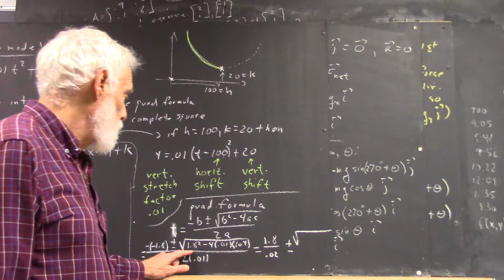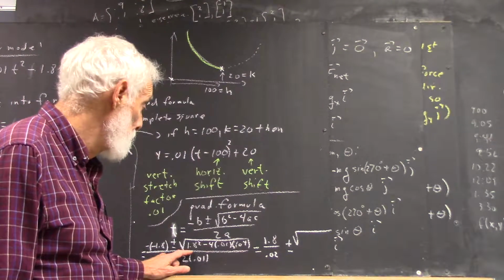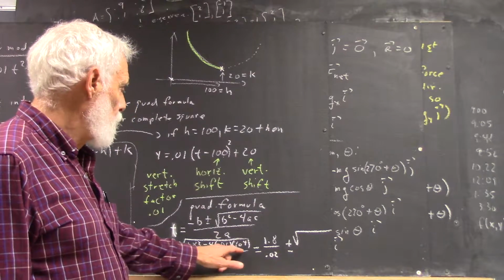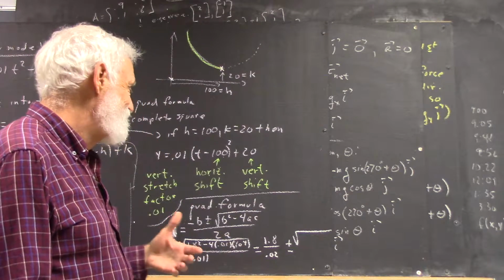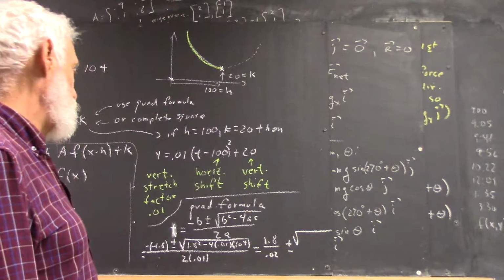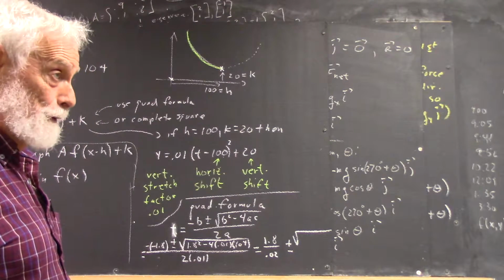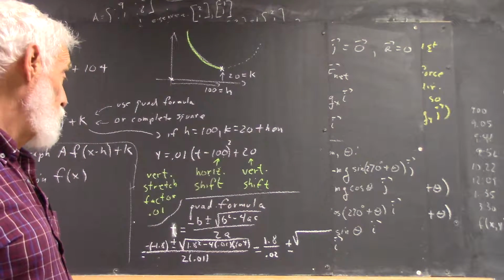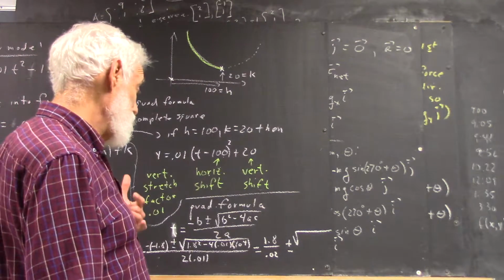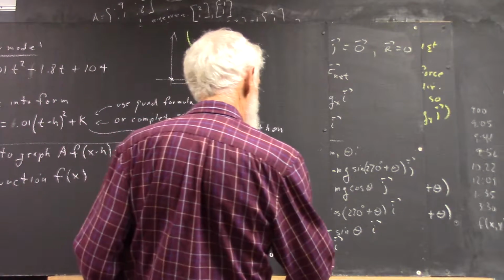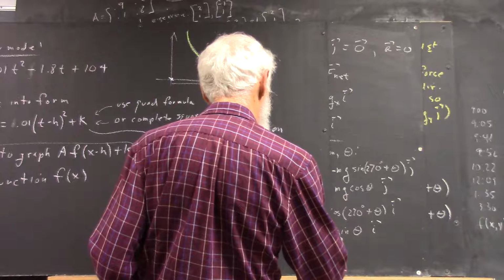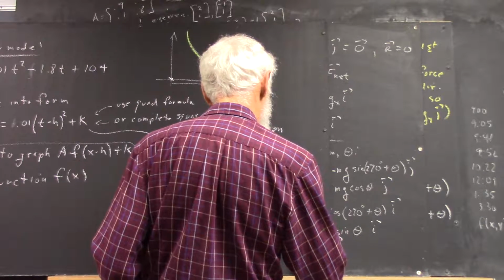Now, 1.8 squared is 3.24. 4 times 0.01 times 104 is like 4.16, okay? So that's going to be 0.76 and 0.16. That's going to be negative 0.92, and you can work out these numbers.